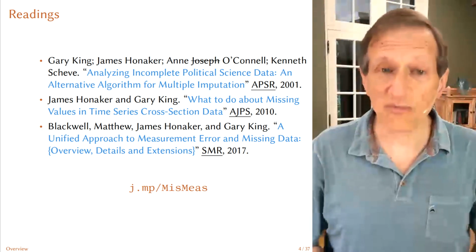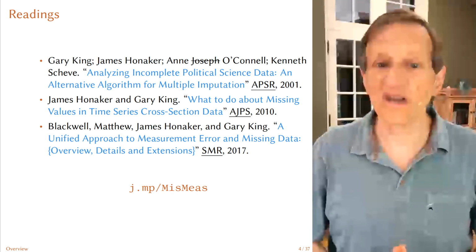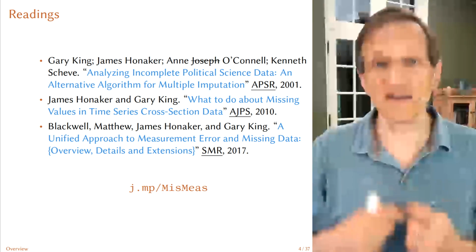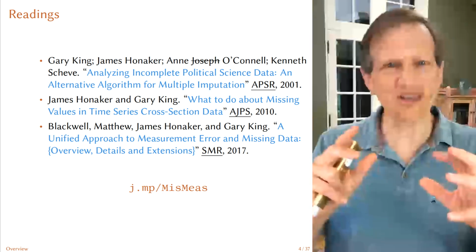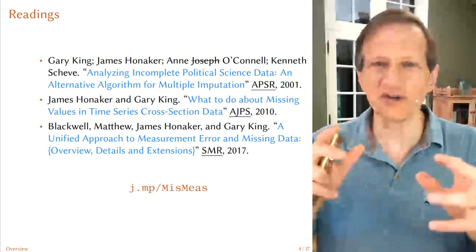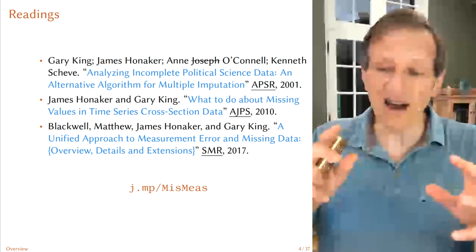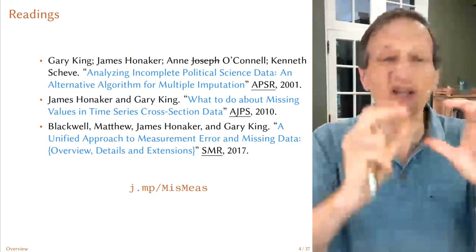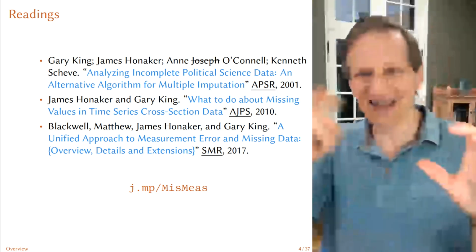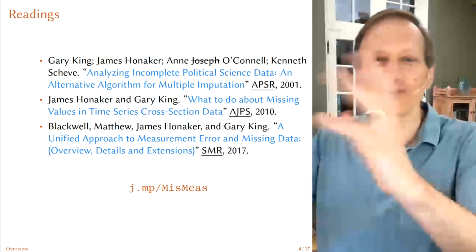Along with Matt Blackwell, we extended these methods to deal with not only missing data, but you could think of it as partially missing data. There's fully observed, absolutely correct data, and then there are the holes in the Swiss cheese, which are absolutely unknown.